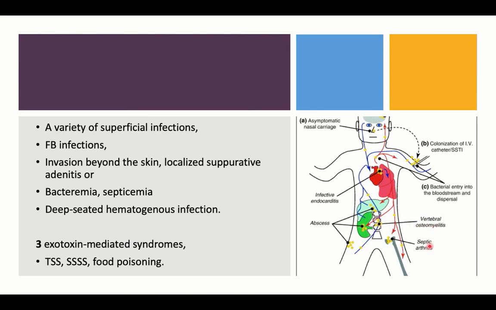Vertebral osteomyelitis can also occur. Septic arthritis, even in the hip joint, can occur. So we have a spectrum of staphylococcal infections. The 3 exotoxin-mediated syndromes include toxic shock syndrome, staph scalded skin syndrome, and food poisoning.